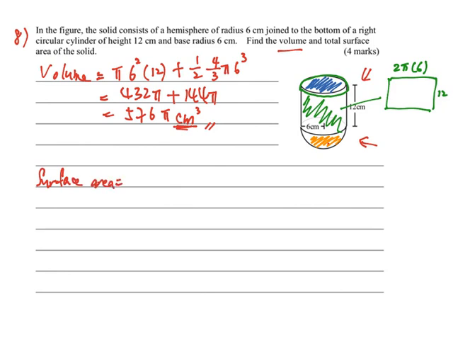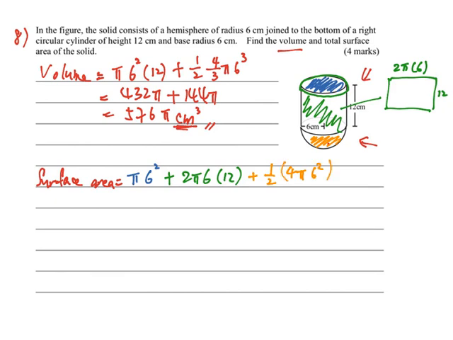Surface area. First part, the circle. So easy, pi 6 square. Next one, the rectangle. For rectangle is the length times width. So it's 2 pi 6, the circumference, times 12. Finally, the hemispheres. Half of the hemisphere, so it's 1/2, 4 pi 6 square.